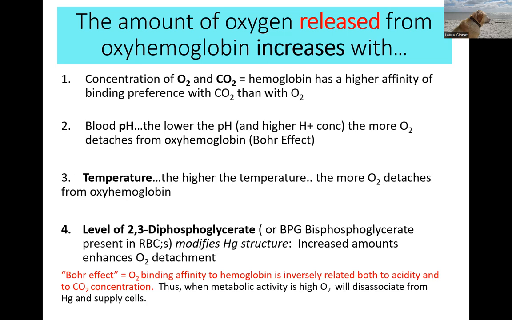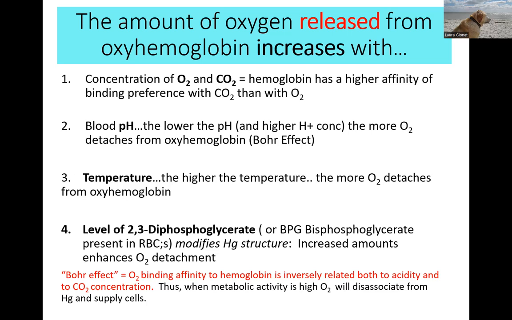So remember, now we're in the red blood cell and proximal to the hemoglobin. It interacts with the hemoglobin and it allows oxygen to detach from the hemoglobin. So when this 2,3-diphosphoglycerate levels elevate, kind of like carbon dioxide, you encourage the dissociation and the dropping off of oxygen at the tissue level.